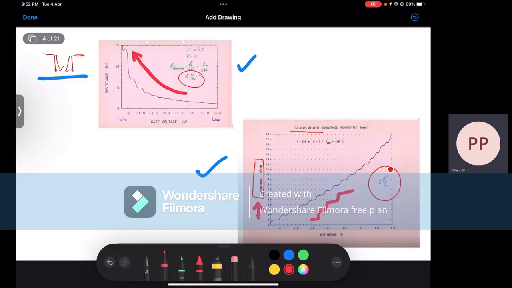In this case, actually, it's a unit of 2e squared over h. So he marked it here, 2e squared over h. And they were able to observe quite a few of these steps. So let's discuss these steps in more detail. Now, let's move on to the next slide.